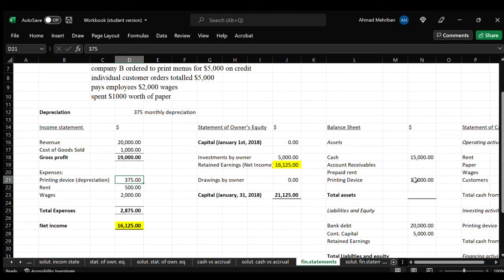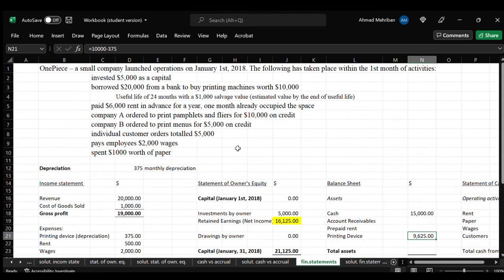So now our printing device at the end of the month, not at the beginning, is now worth less by 375. So 10,000 minus 375. Its current price in our books is 9,625. Its depreciation expense has been recorded in the income statement.